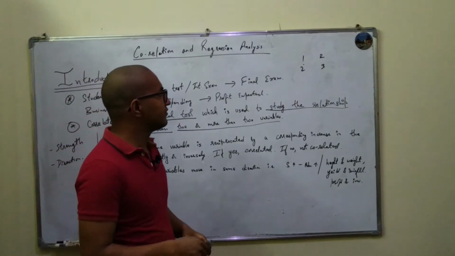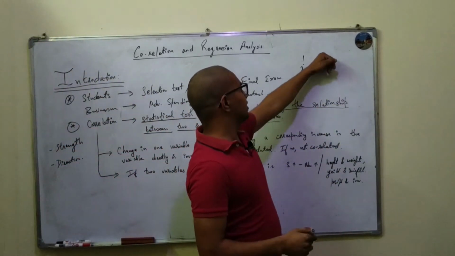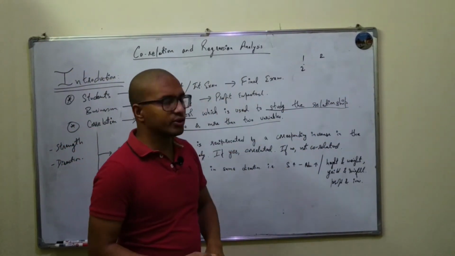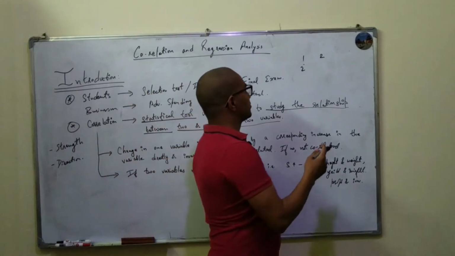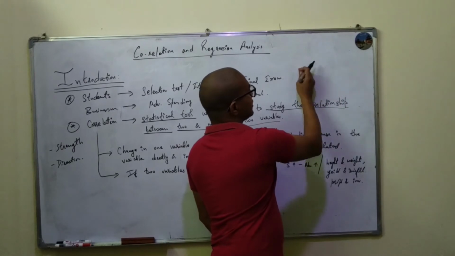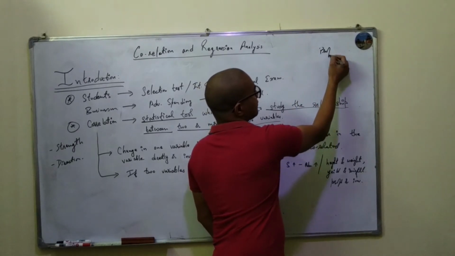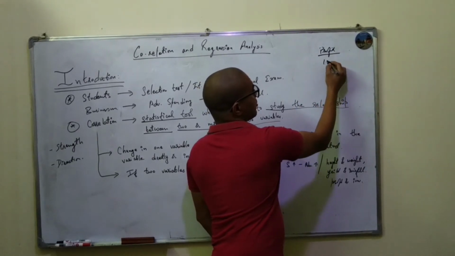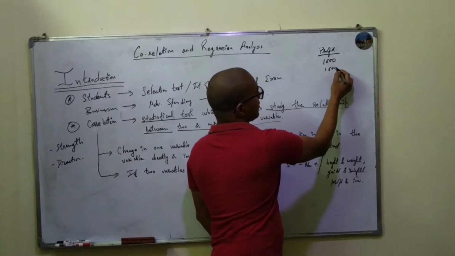So suppose you take profit and advertising spending. Let's say profit is 1000, and it is still 1000.